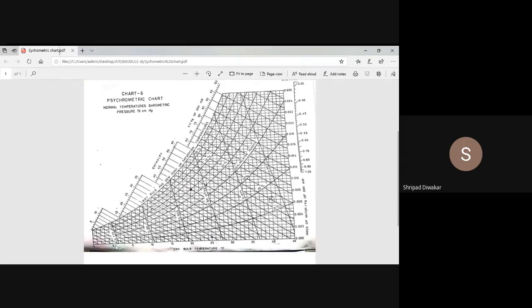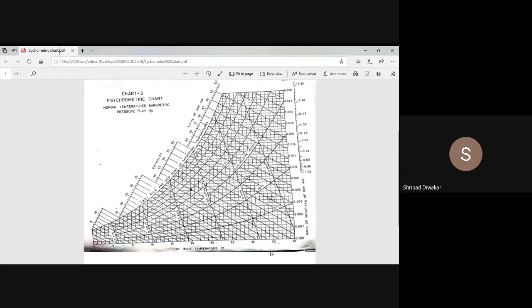Between 0 and 5 we have 4 lines, so 1, 2, 3, 4, 5. Between 5 and 10 we also have 4 vertical lines, so each indicates 1 degree Celsius: 6, 7, 8, 9, 10, 11, 12 like that. All the vertical lines indicate dry bulb temperature lines. Remember, this is the first one.